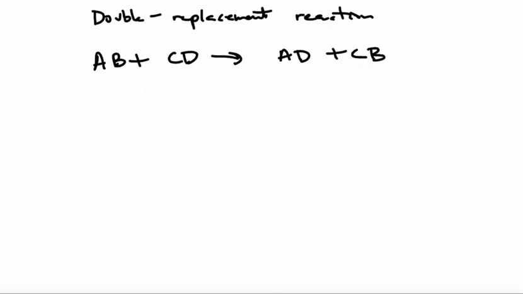Now, the key change for us now is dealing with an acid and base. An acid plus a base always gives us predictable products. And those products are a salt and water.